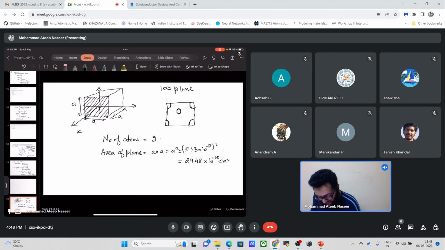Now this atomic density along this plane also plays a crucial role when we are dealing with this material in terms of scattering mechanisms, because more number of sites would mean more scattering centers present for the particles. As a result, there will be more degradation.